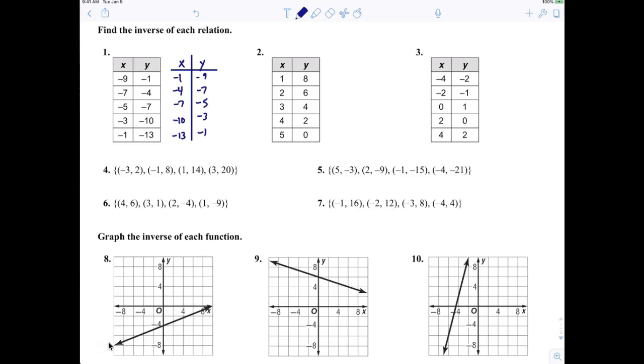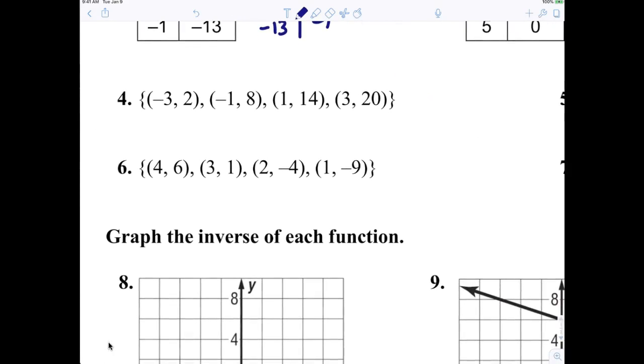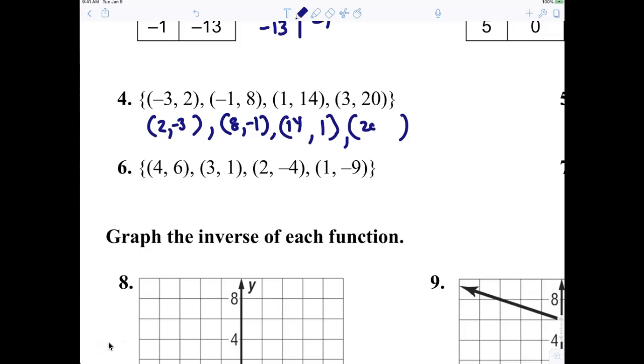All right, so for question number 4, again, the rule is you're just switching the x and the y. So 2, -3, 8, -1, 14, 1, 20, 3.